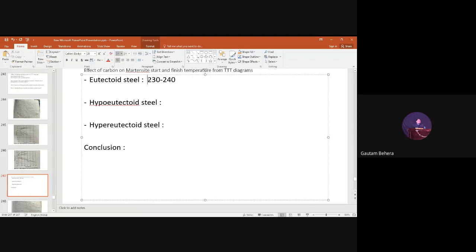I'm writing MS temperature. And for hypoeutectoid steel, that means the steel is having less carbon as compared to eutectoid steel, right? So it is how much?